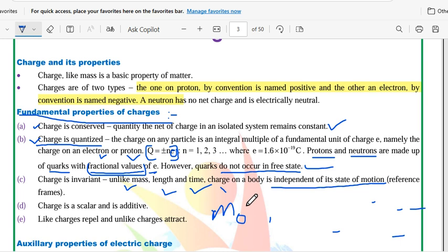Because charge cannot exist without mass, but mass can exist without charge. This is why mass is variant, but charge is invariant. That's why it is invariant. And also charge on any body is independent of the state of motion.